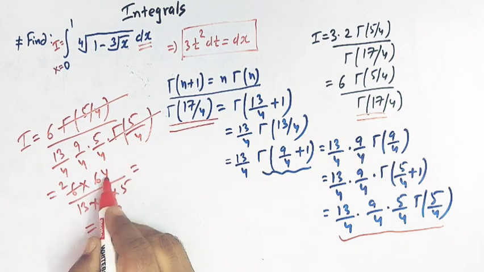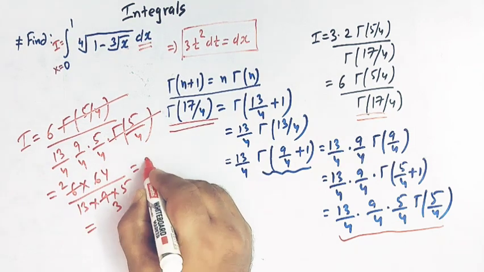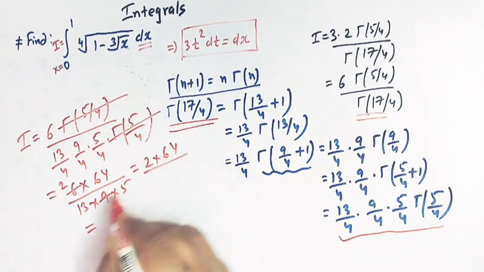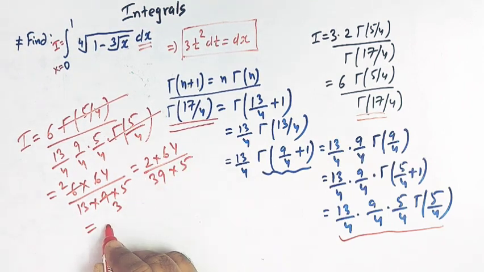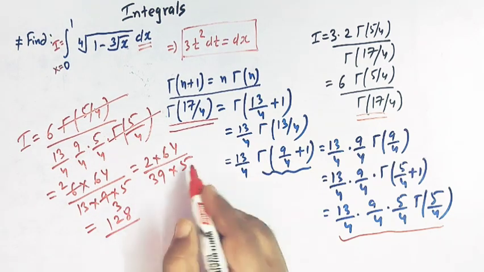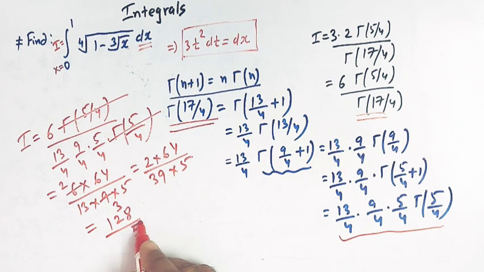So we have 2 times 64 is 128, and here we have 13 3s are 39 times 5, so this is 195.